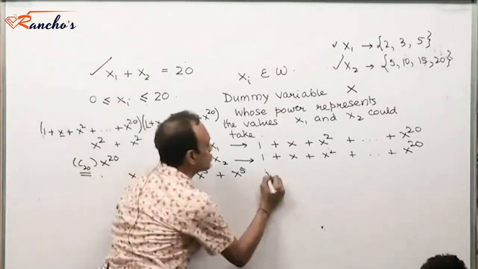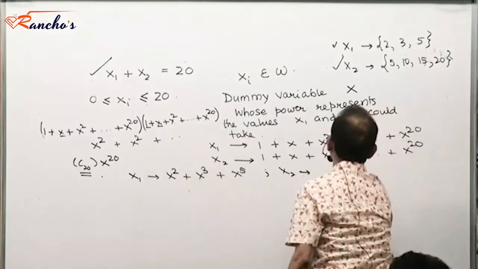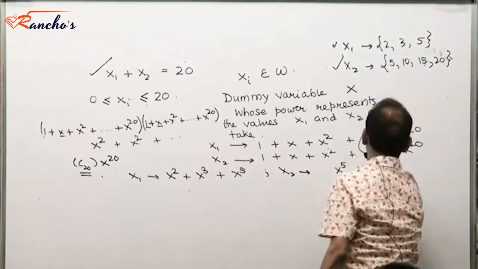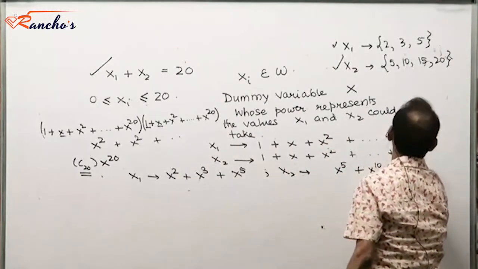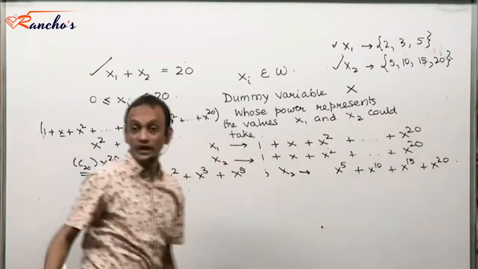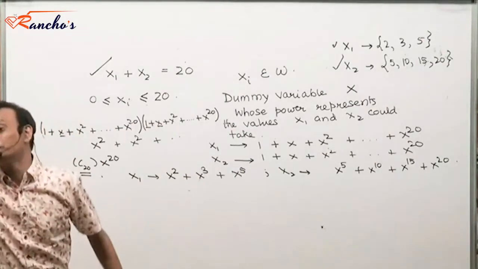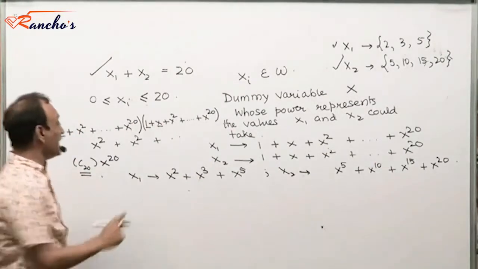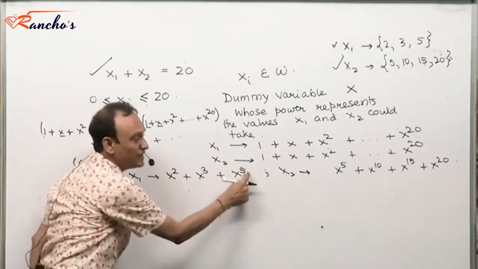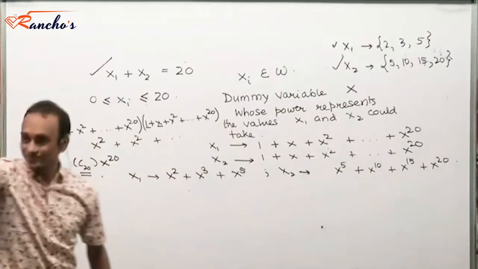And then for x2, I construct a polynomial like x power 5 plus x power 10 plus x power 15 plus x power 20. Yes or no? This is what I do. And I want the powers to add up to 20, given that x1 will take only these values and x2 will take these powers. You know what I'm saying?